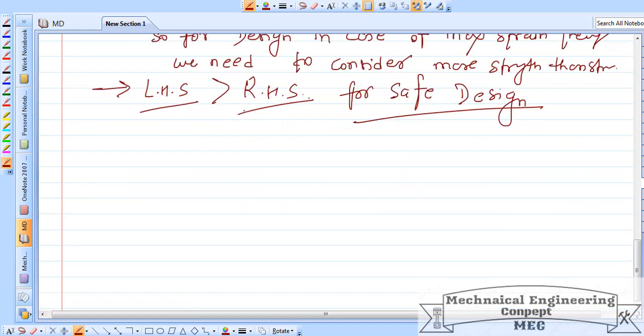Before that, first we need to understand in which case the theory will be used. The theory is applicable for both tensile and compressive stresses, and this theory is mainly preferred for ductile material.